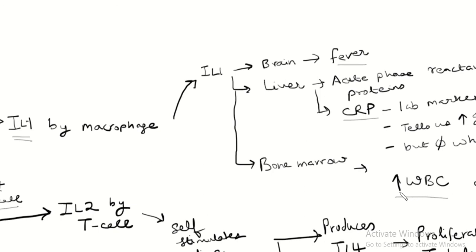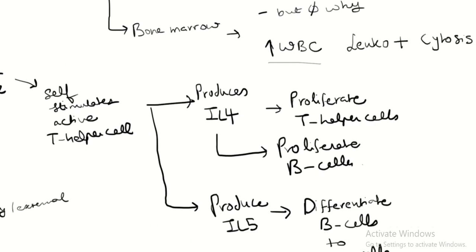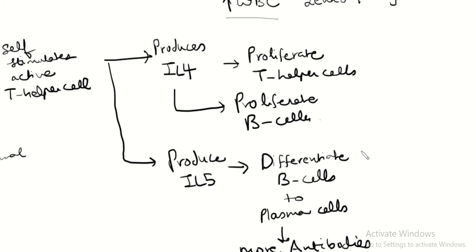Okay. What does interleukin 2 do? We've covered that as well. It helps the T helper cell proliferate itself, make more copies of itself, and also proliferate the B cells that are presenting the antigen to it. Okay?